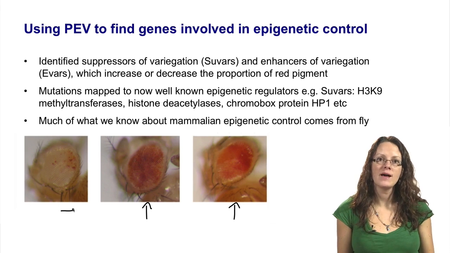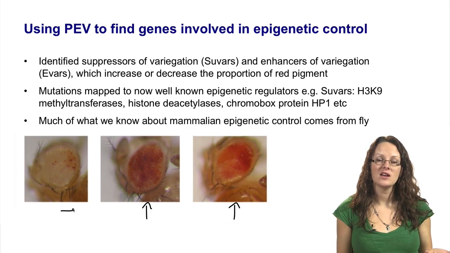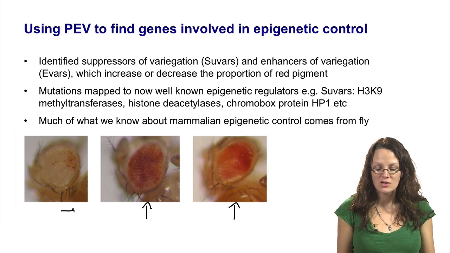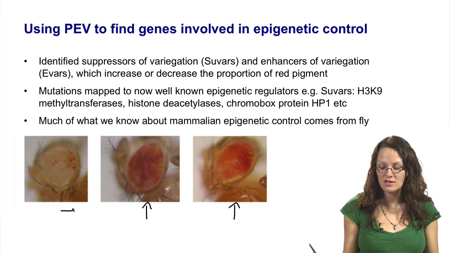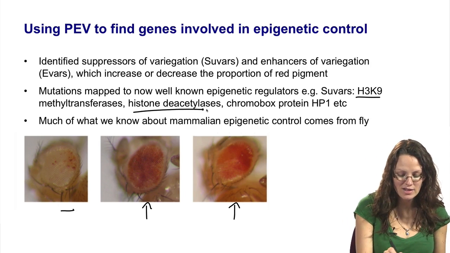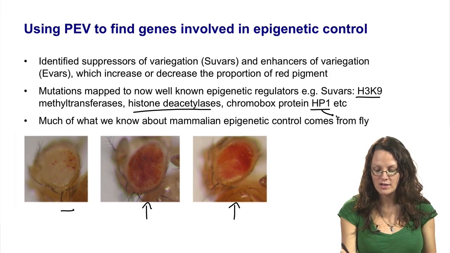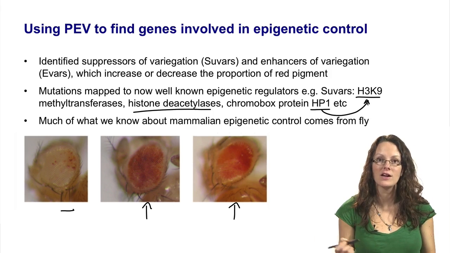When they mapped each of these genes, they identified new genes involved in epigenetic control. We now know these genes are some of the most fundamental epigenetic regulators, some of which I've mentioned to you. Three examples of the SUVARs are H3K9 methyltransferases, histone deacetylases, and a chromobox protein known as HP1, which itself binds to methylated H3K9.